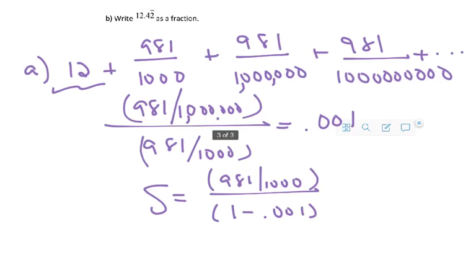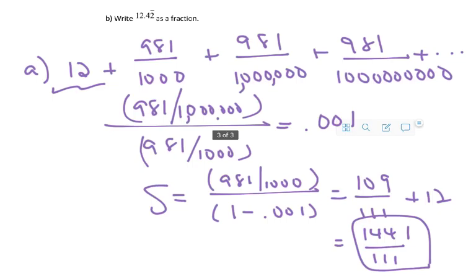Hit math, enter, and you're going to find out that it's 109 over 111. Add back that 12, and the calculator is going to tell you it's 1441 over 111. This is the fraction that results in the repeating decimal 12.981981981 forever and ever.